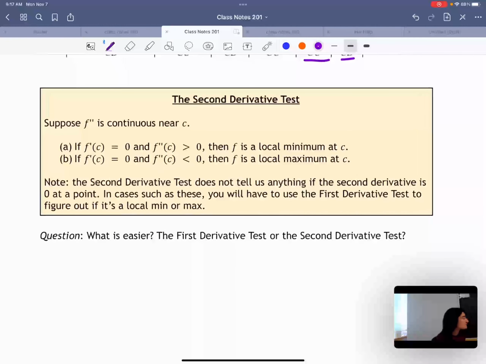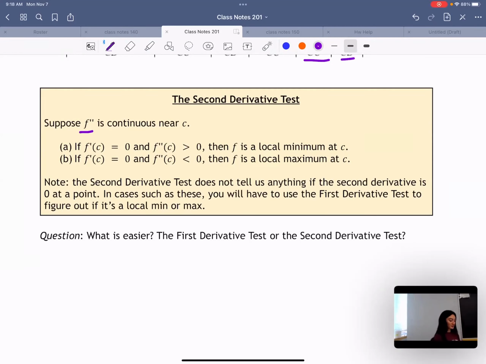Let's go to the second derivative test. The second derivative test also tells us about a local min or local max. It actually tells us the same thing that the first derivative test tells us. Let's say f double prime, the second derivative, is continuous near a point C, which is either a local min or local max.